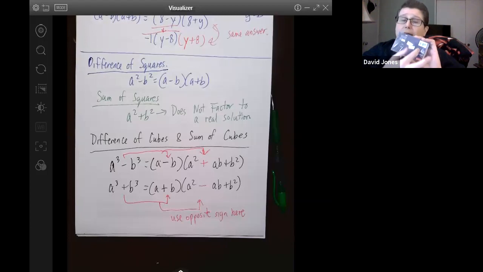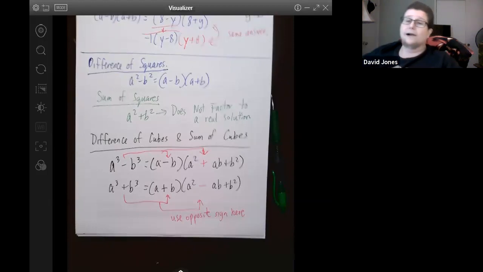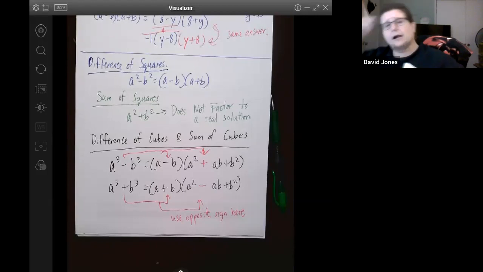On the back side, put the answer, a minus b and a squared plus ab plus b squared. And then whenever you got some free time, just look at one side, go, I see a cubed minus b cubed. What is it? I think it's this. Check. And if you get it right, put it in one pile. If you get it wrong, put it in a different pile. And just keep going through them until you have them all memorized.